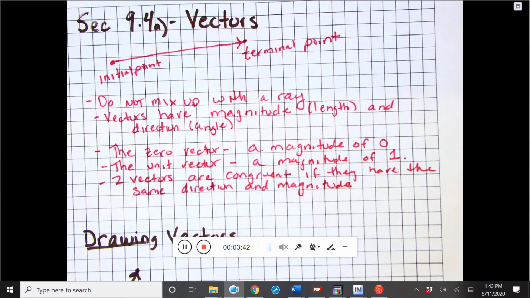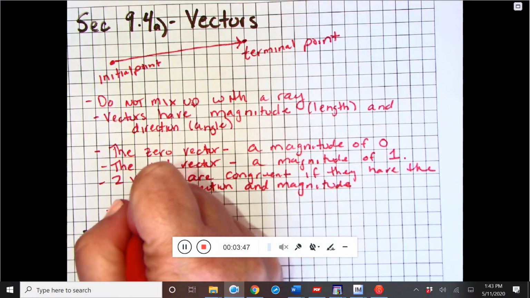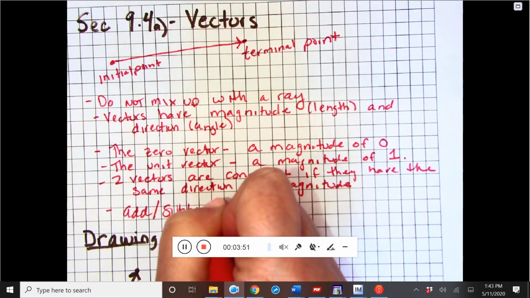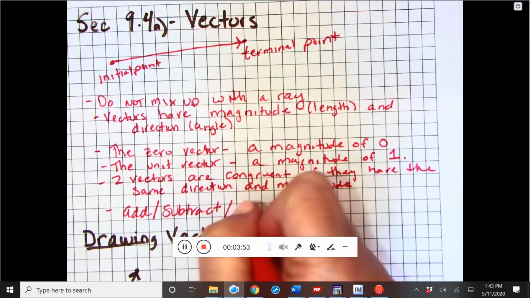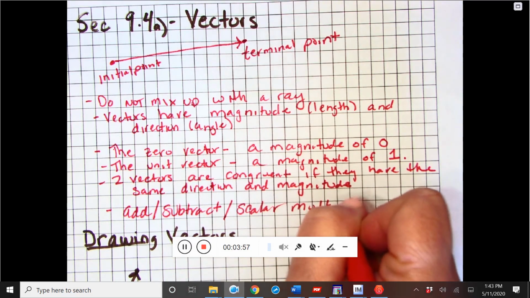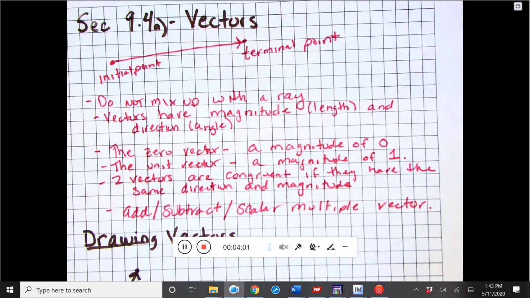Okay, and then we can do lots of things with vectors. We can add vectors, we can subtract vectors, we can do something called a scalar multiple of a vector, and we can do those both algebraically and geometrically, drawing a picture.